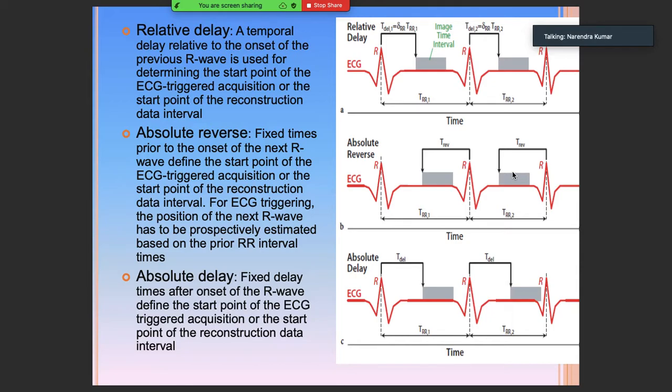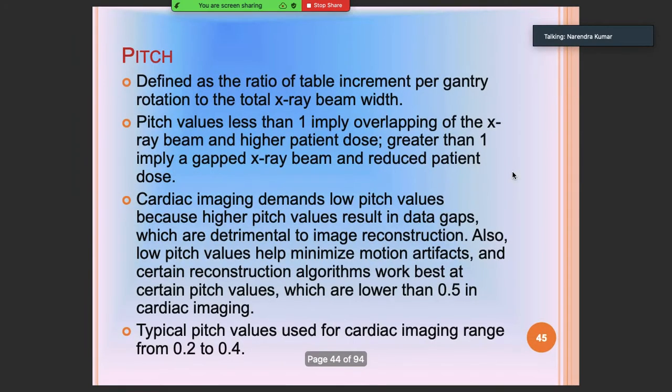However, for the absolute delay one, the fixed delay is after the onset of R wave. So as I said, try to think of it in terms of the R wave. The relative one will be relative to the onset of the previous R wave. Okay. Absolute reverse is going to be prior to the onset of the next R wave, and the absolute delay is going to be after the onset of R wave. Okay?